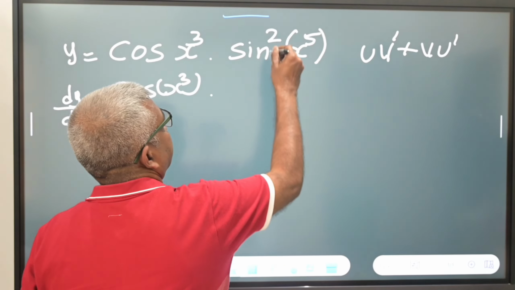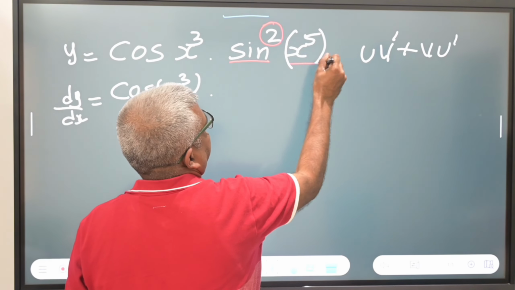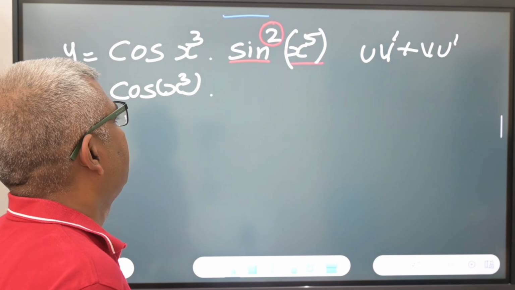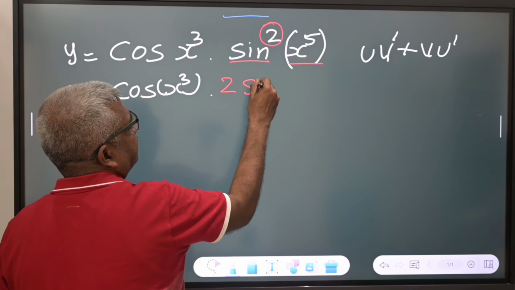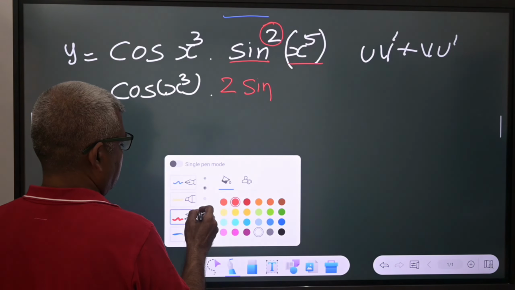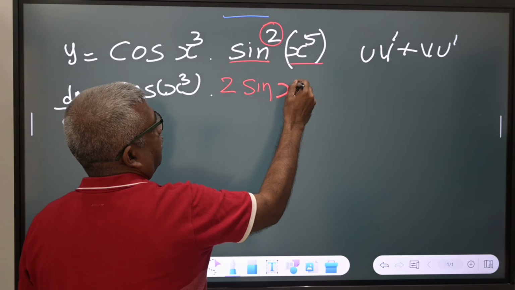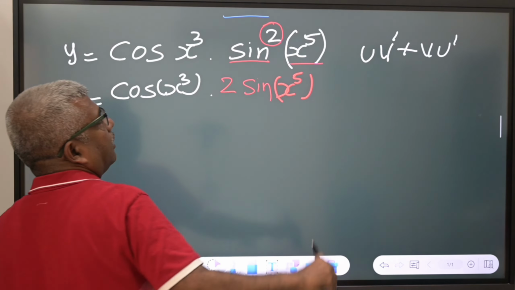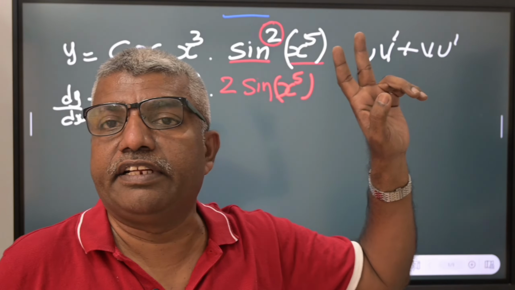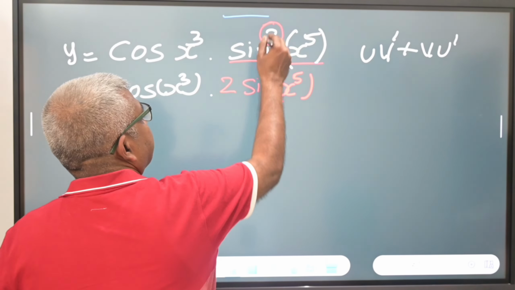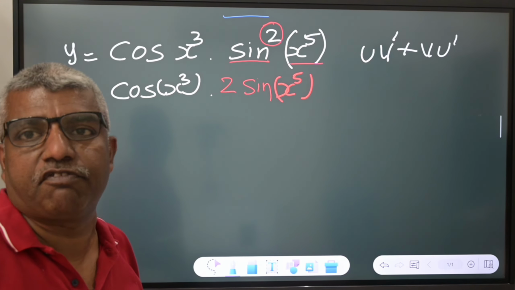First is square, then sine, then x power 5. 2 sin x power 5. It is not 2 sine squared. If you differentiate x power n, it is n x to the power of n minus 1, so 2 sin x power 5.